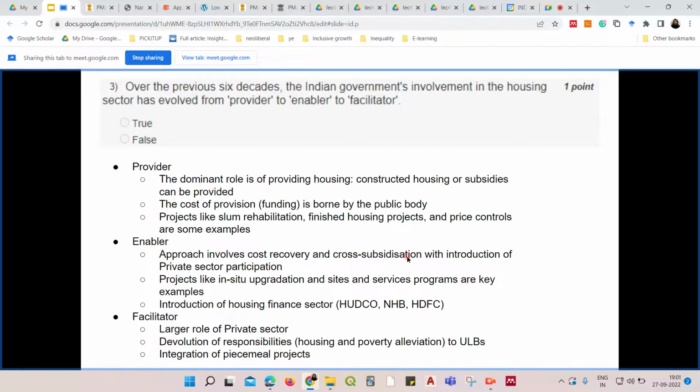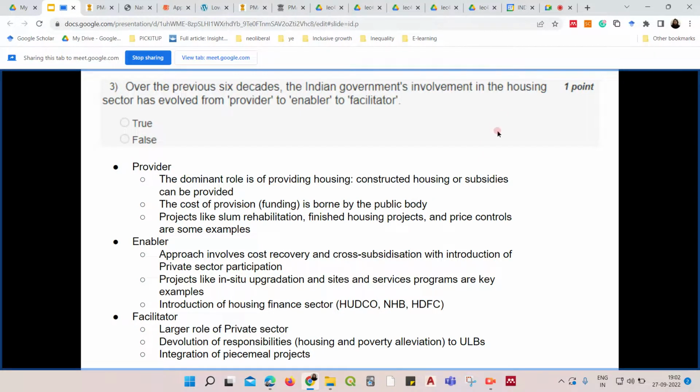So the government is not directly paying subsidies or covering the financing costs of any construction, but it's subsidizing the LIG and EWS by using their land as a resource. It's providing them subsidized housing, but not by its own resources; it is using the land on which the slums are located as a resource to subsidize their housing. So this is one example of cross subsidization, which I hope is clear to you.